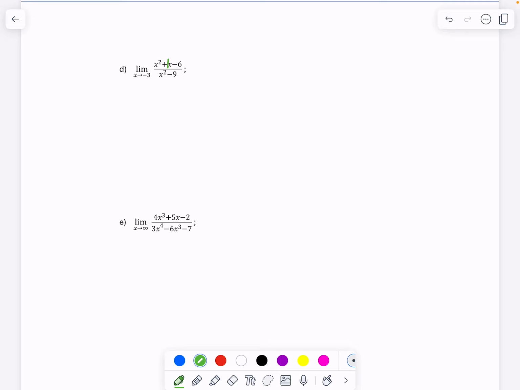Those two numbers are 3 and -2. So if you factor the numerator, you are going to get x plus 3 and x minus 2.